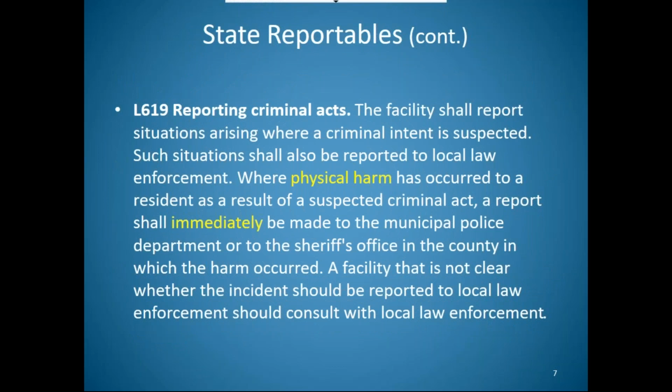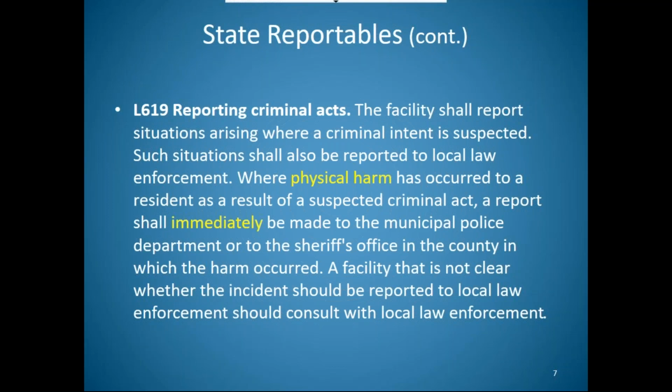619 is reporting criminal acts. This once again pretty much mirrors the CMS. If there is physical harm, then it needs to be reported immediately to the police department or the sheriff's office in the county where the harm occurred.